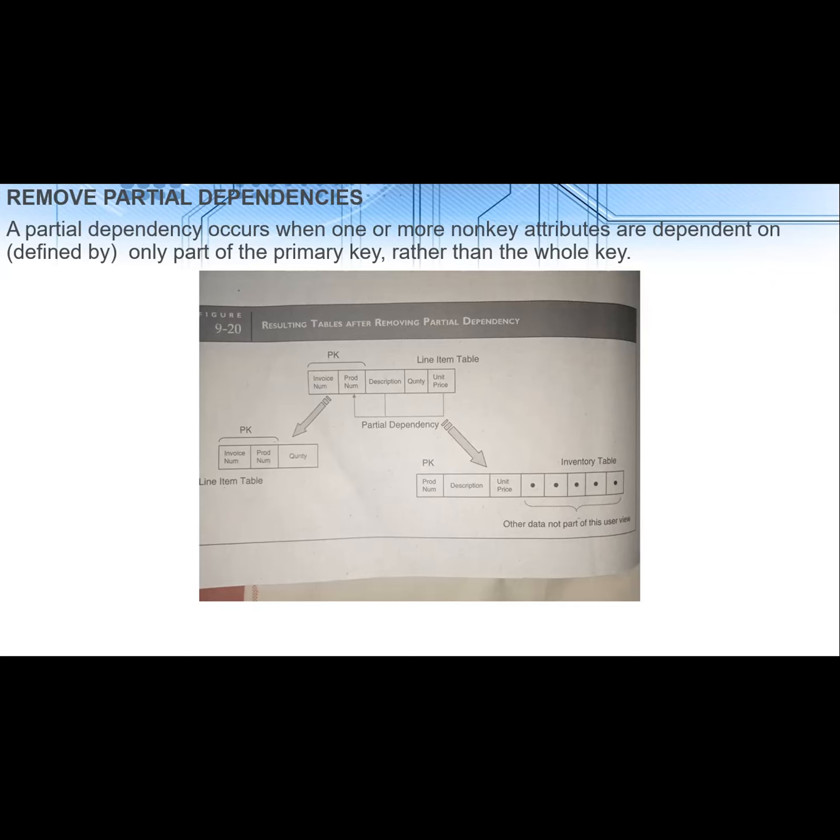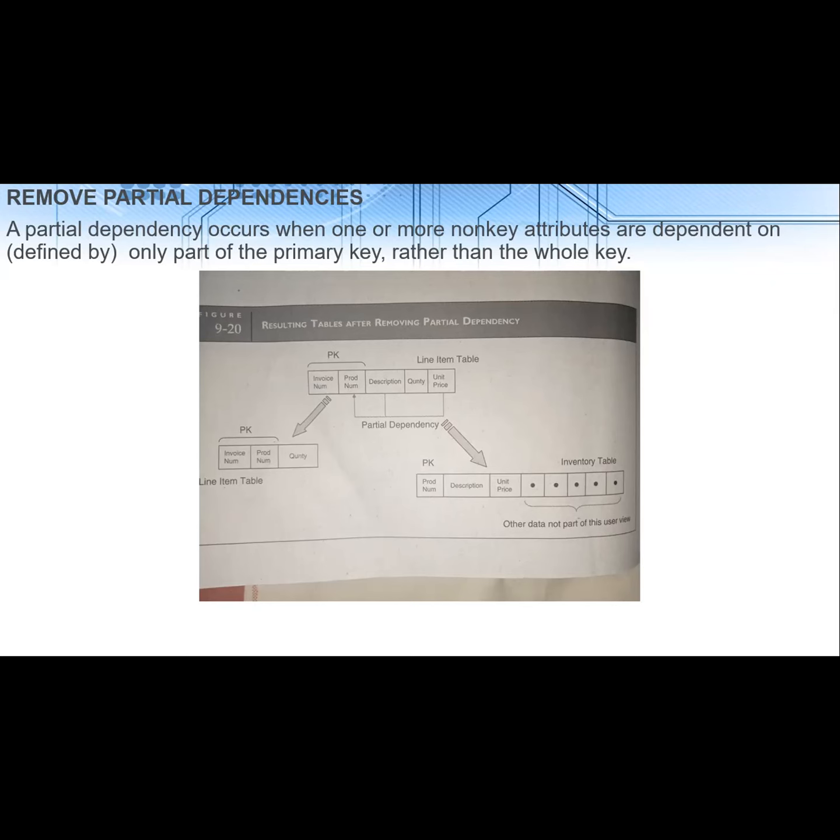on the primary key. We solve this by splitting the table into two, as illustrated in figure 9-20. The resulting line item table is now left with the single non-key attribute quantity. Product description and unit price data are placed in a new table called inventory.